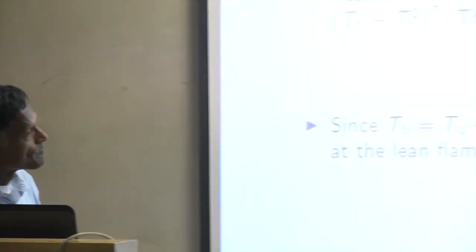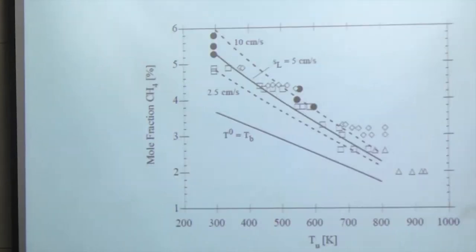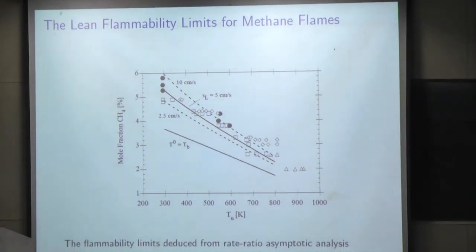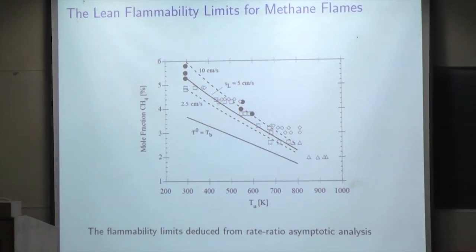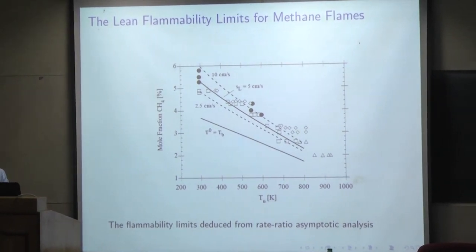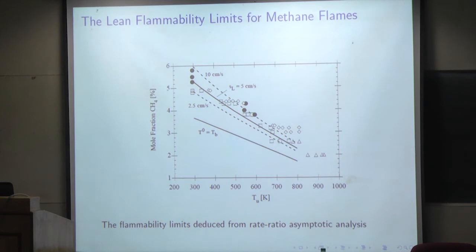In the lean flammability limit slide, you told that the analytical solution we get is way different from the experimental values because the experiments cannot capture the limits.